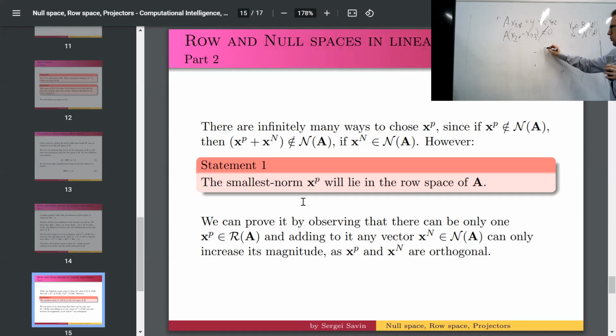If you have an equation of this type, the least squares problem is to find such x that minimizes the norm of Ax minus y. So it is a smallest residual problem.